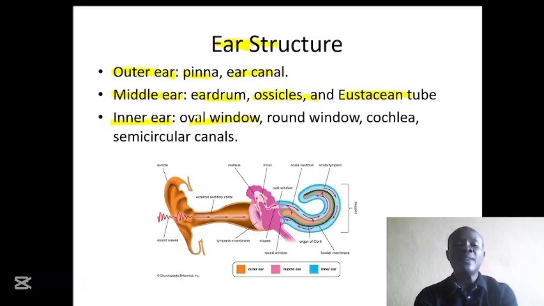The sound wave that is transmitted to the oval window will move to the round window and into the cochlea. The cochlea is the main part of the ear that is responsible for hearing, and the semicircular canals are the main part of the ear that is responsible for balancing.